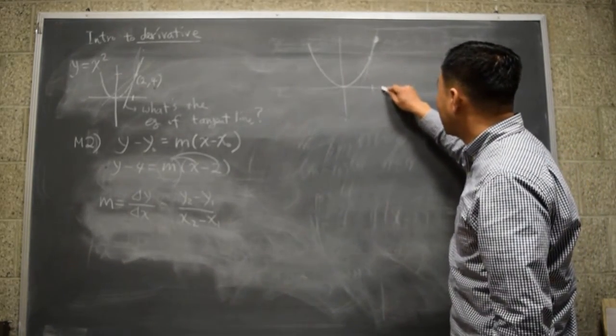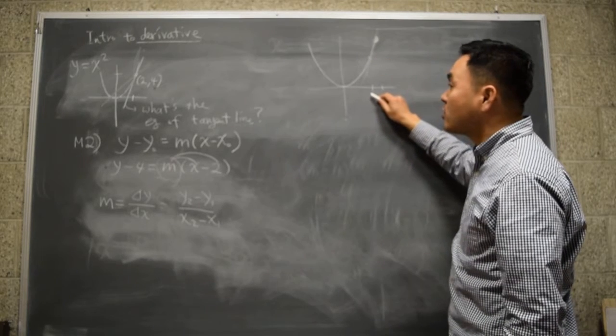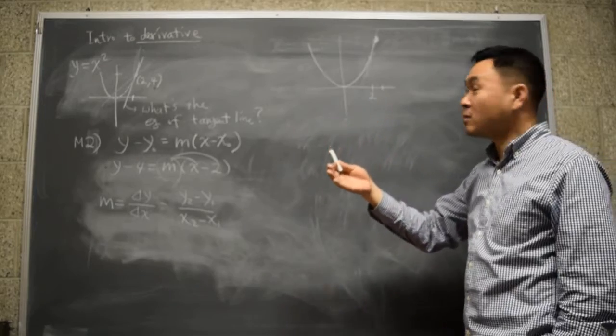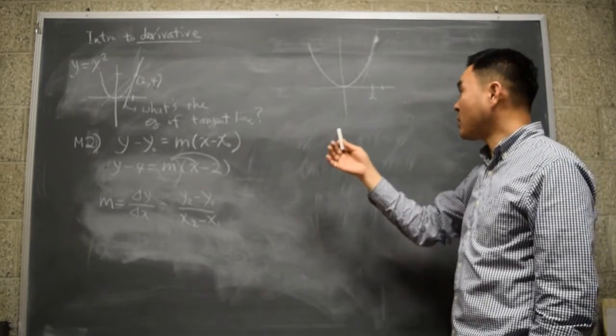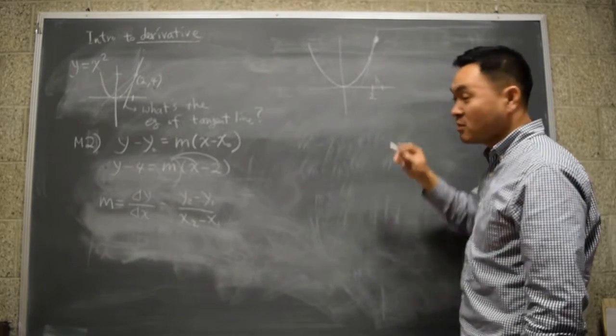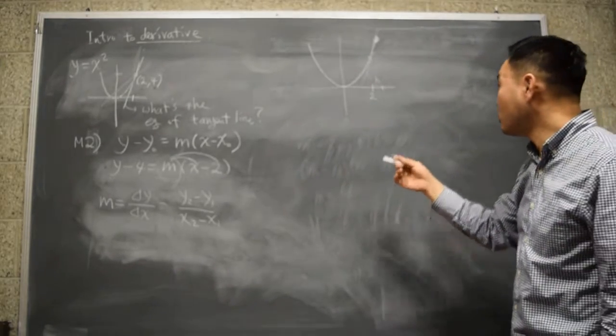If this is 2, you're just off from 2 by a very small step called h. Let's say this interval is h. H is pretty small.